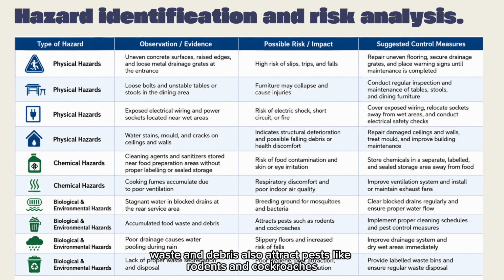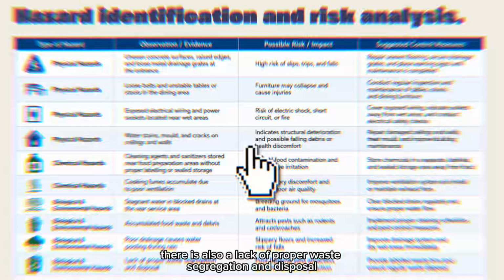Accumulated food waste and debris also attract pests like rodents and cockroaches. Poor drainage causes water pooling when it rains, making the floor slippery. There is also a lack of proper waste segregation and disposal.